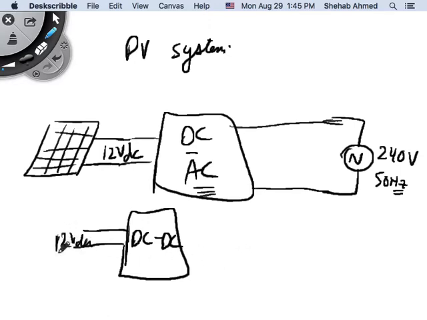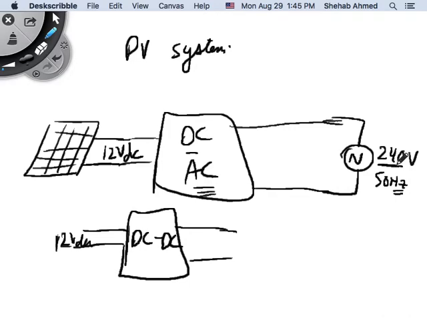I can step it up to 60, 100, whatever it is, or I can step it up to something even higher than 240 volts. Because this 240 volts here is not really 240 volts fixed, right? It goes up and down. So if you're going to be interfacing to this, you would want something capable of providing more than 240 volts RMS, or less than 240 volts RMS.